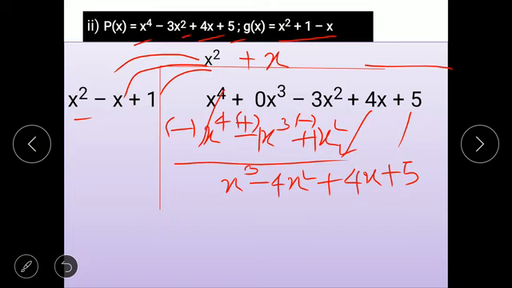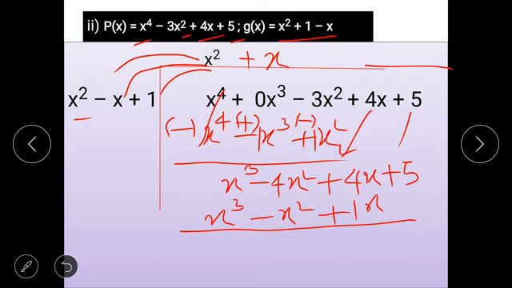Then the same way with x, multiply: x into x square, x cube, x into minus x square, x into 1, 1x. If you want, you can just write 1x. If you get confused, changing the sign: minus change into plus, plus change into minus.